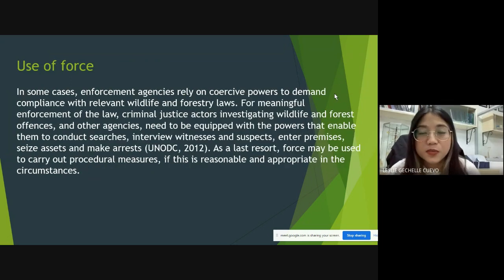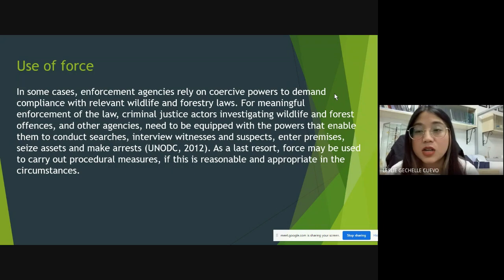Use of force. In some cases, enforcement agencies rely on coercive powers to demand compliance with relevant wildlife and forestry laws. For meaningful enforcement of the law, criminal justice actors investigating wildlife and forest offenses and other agencies need to be equipped with the powers that enable them to conduct searches, interview witnesses and suspects, enter premises, seize assets, and make arrests.